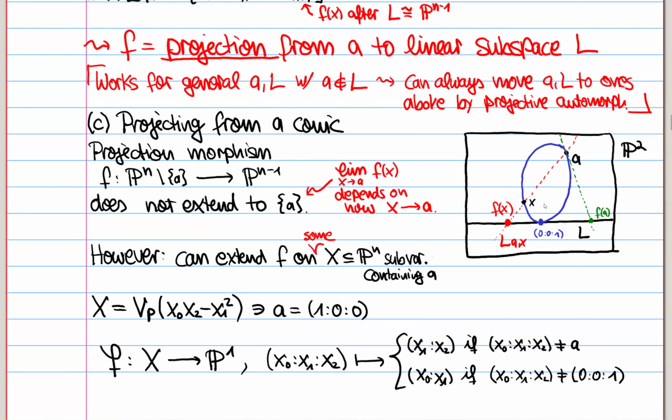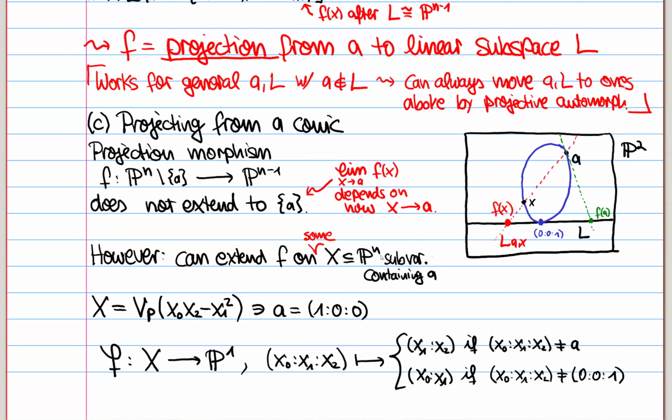And so there's no continuous way to extend it to A. However, in some specific examples, when we restrict to some subset X of P^n, a suitable closed subvariety containing A, then sometimes we can extend f over this X. And in the rest of the video, we're just going to do one concrete example of such X.